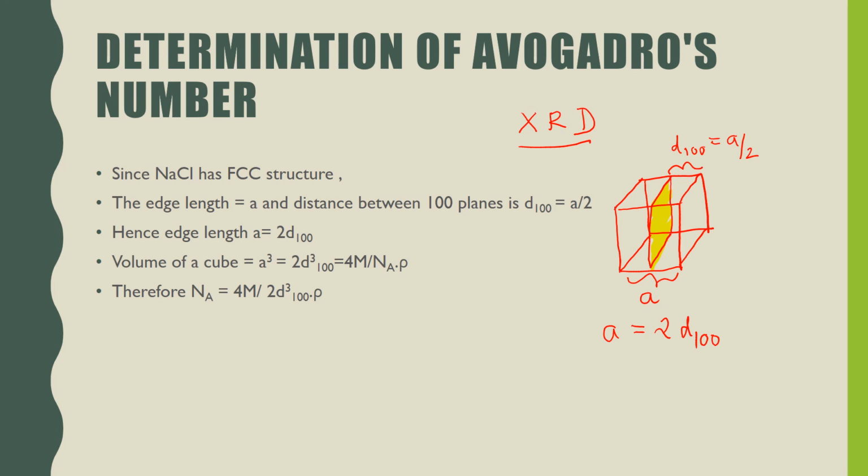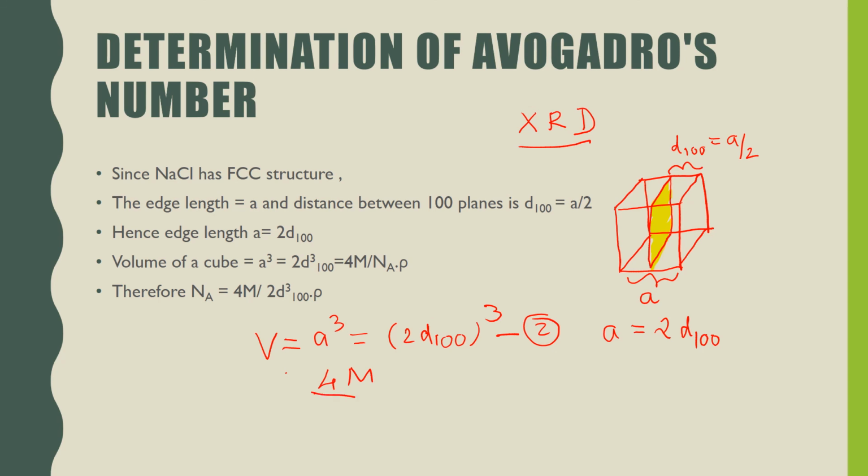Now from geometry we know that the volume of a cube is the length cubed. So edge length is A and volume is A cube, which is 2D100 the whole cube. We will consider this as equation 2.